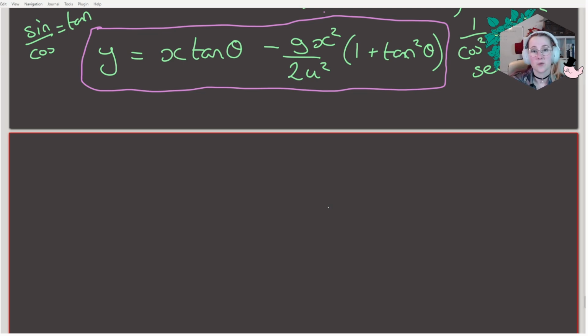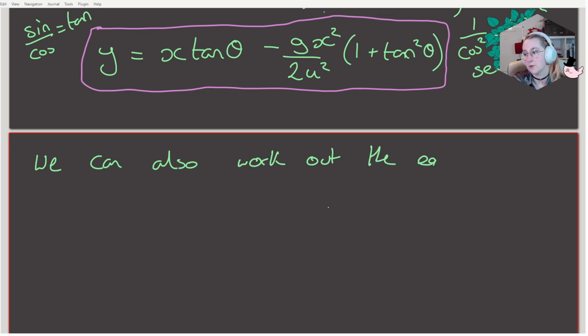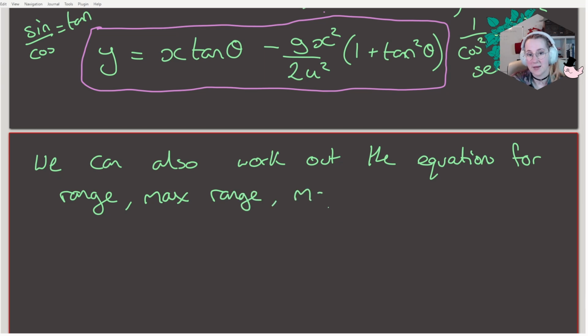So the other cool things that we can work out as general equations are equations for range, max range, and max height. And here range we talk about in the horizontal direction.